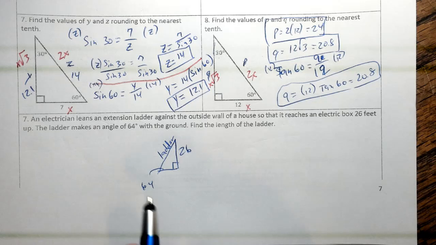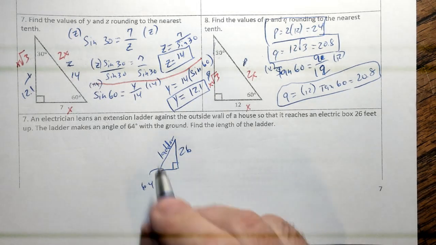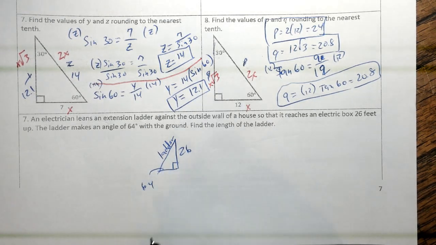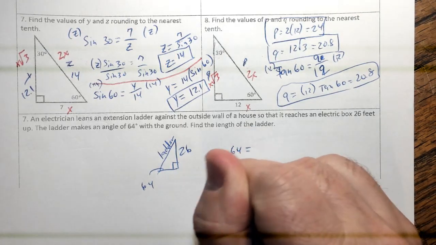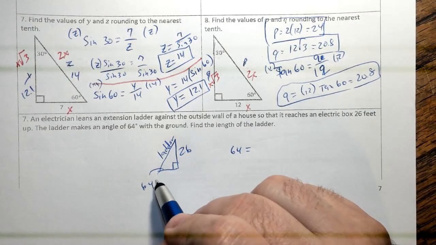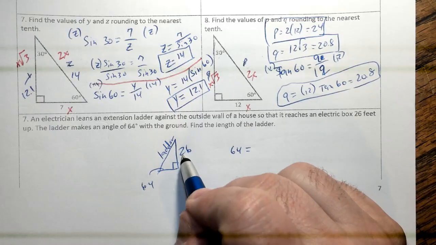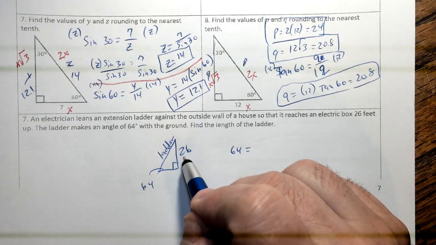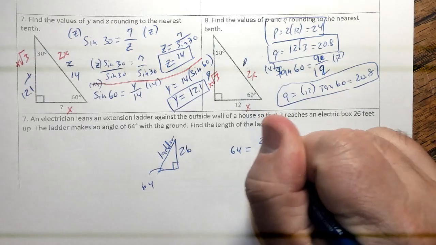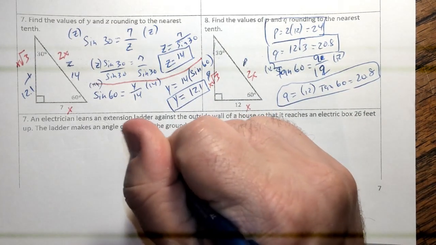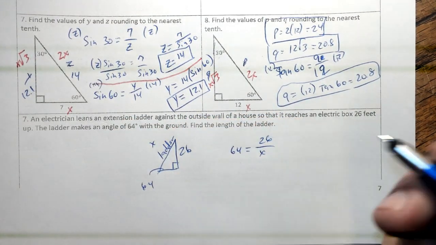That's important because we need to use trigonometry to find this length. So our angle is 64. The house, or the outside wall, is on the right. That's 26, so that's opposite, and we're looking for the hypotenuse. We're going to call it X. That's the ladder.